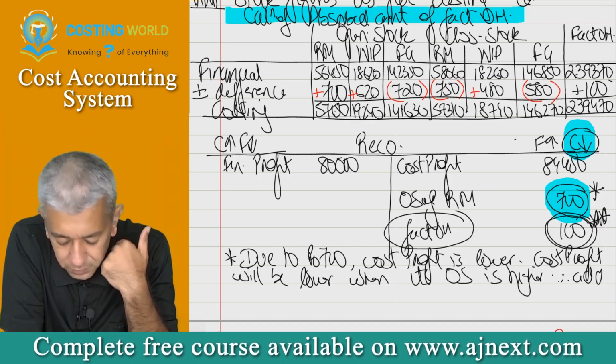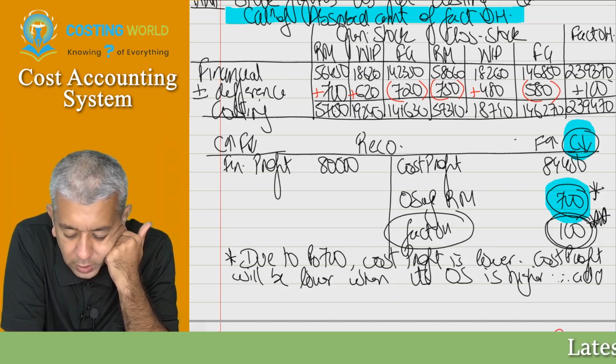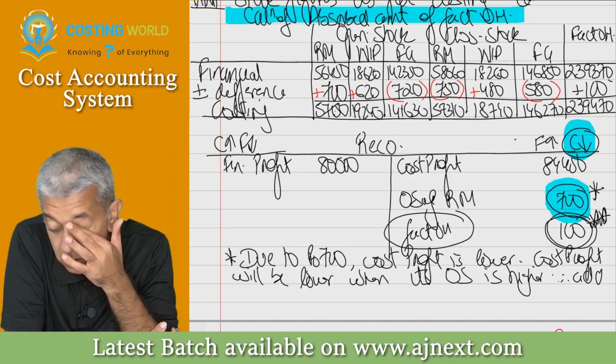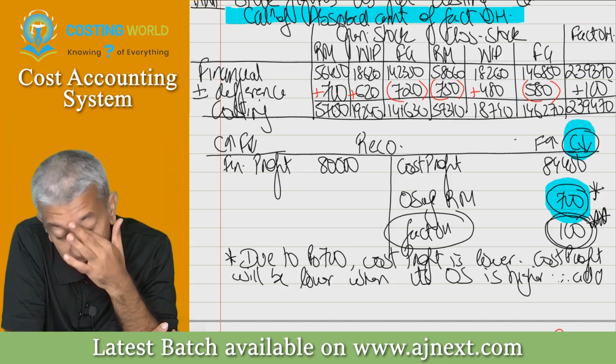Write down now: due to 100, comma, costing's profit is lower.